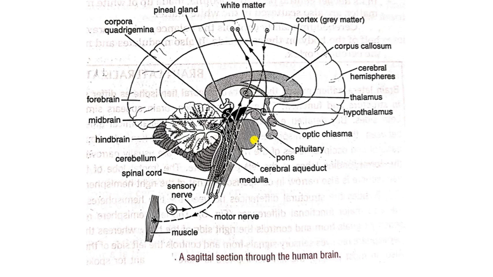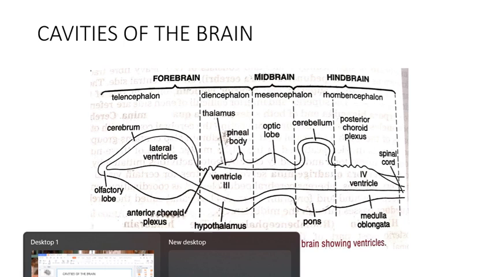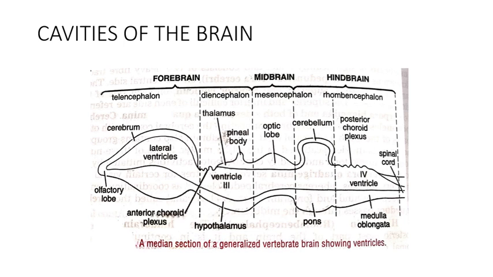Now we come to the last topic in this, and that is the cavities of the brain. The brain is a somewhat hollow structure containing many cavities of various sizes, and these cavities are said to be ventricles. So you can see in the diagram the two lateral ventricles, the third ventricle and the fourth ventricle.